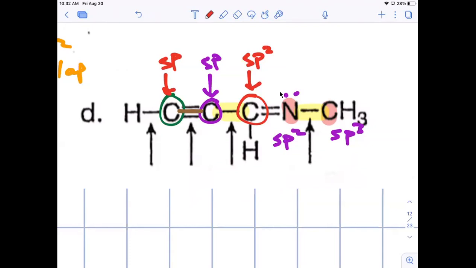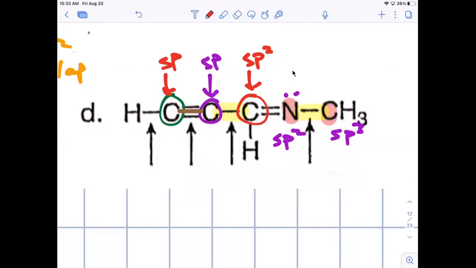Unhybridized p orbital overlap, right? Yes, I see your answer, Mary. Thank you. Unhybridized p orbital overlap. So anytime you have a pi bond, it's the result of 2 unhybridized p orbitals sharing electrons and forming a pi bond.